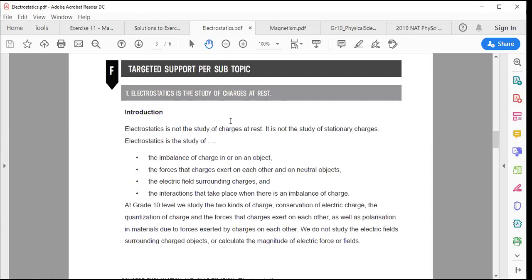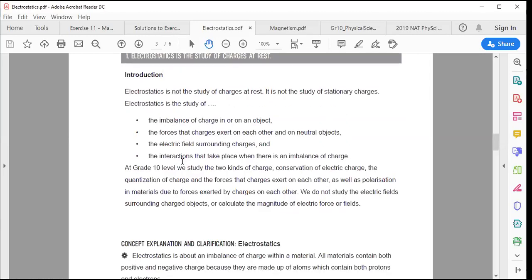Because, for example, when you look at lightning, there are charges, and those charges tend to move. So this definition here is not exactly the perfect one, but it's an imbalance of charges. So the forces that charges exert on each other and on neutral objects, those are an alternative way to describe electrostatics.